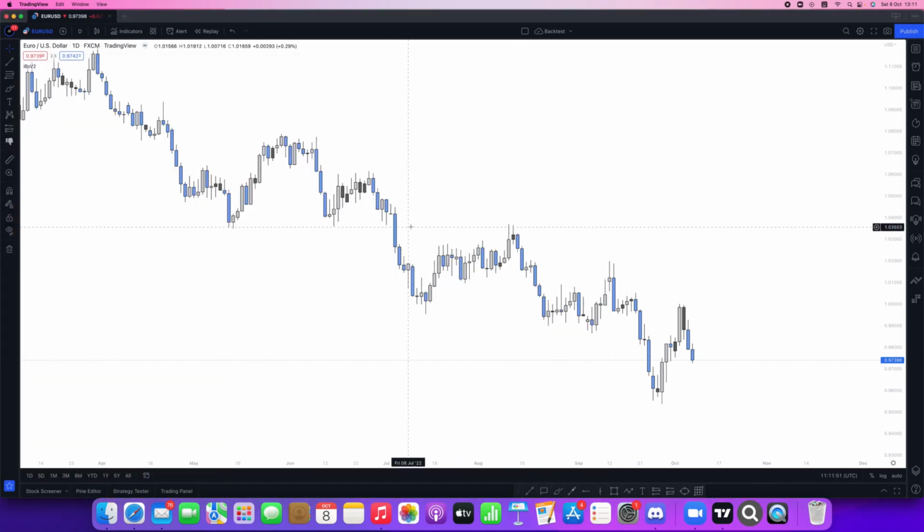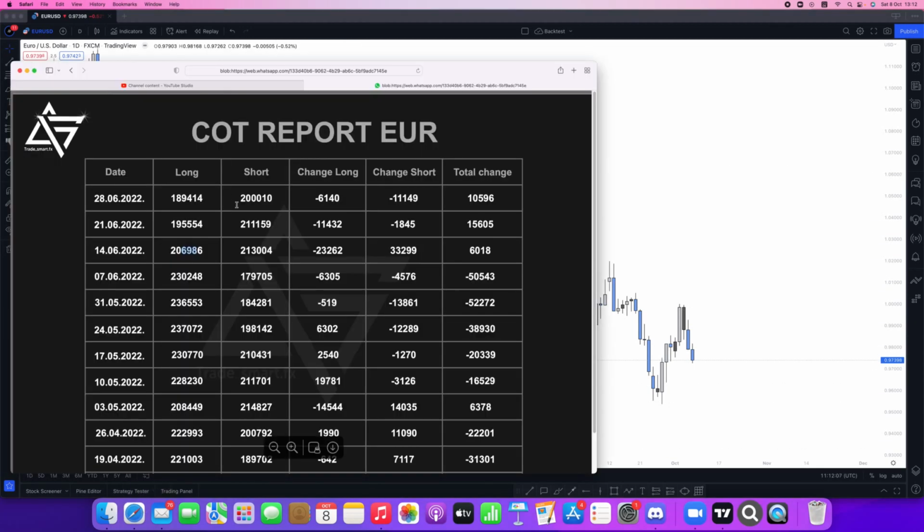If we find that on the chart, you're going to see this move here. As you can see, the price continued in that bearish direction, because they continued to short it. This is just an example of how you can use this to your advantage when you want to guess the direction of the market.